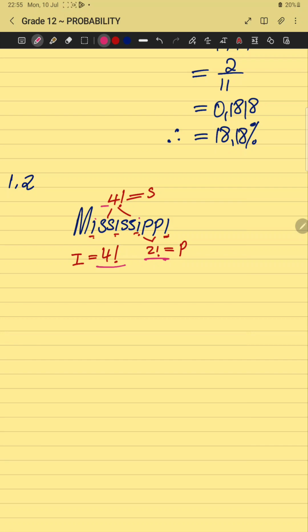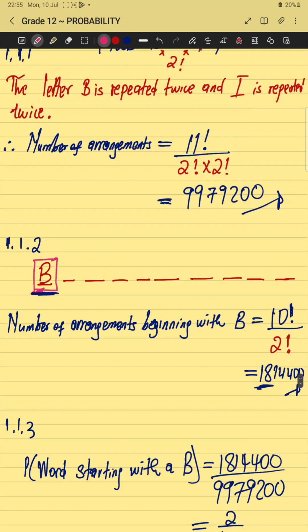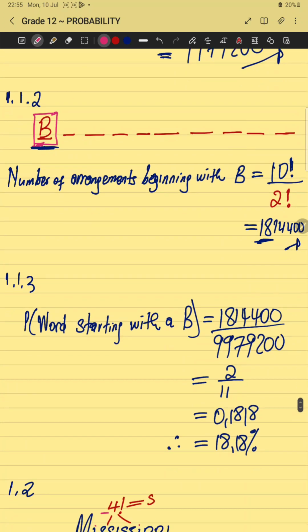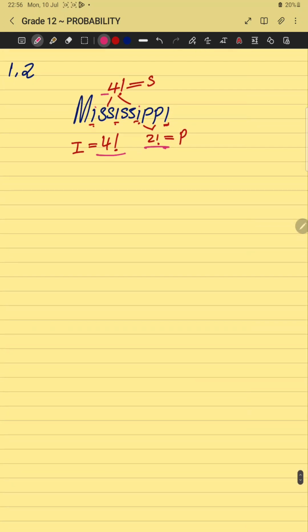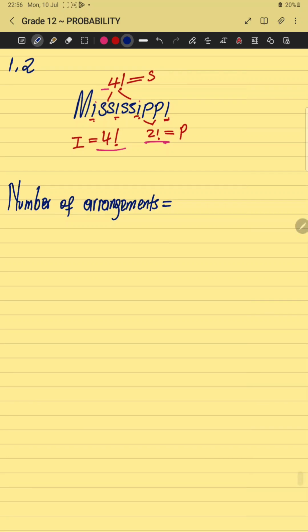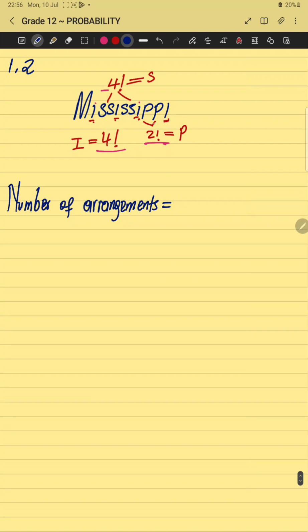I'm not going to repeat the conclusion about B being repeated twice and I and all the stuff. So now I hope you can see. I'm going to just go straight to the question and answer it. Then the number of arrangements is going to be the total of all the letters here. Let's check 1, 2, 3, 4, 5, 6, 7, 8, 9, 10, 11.